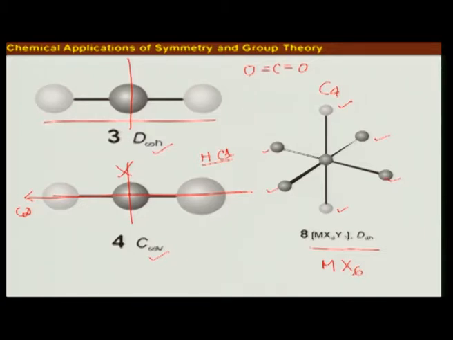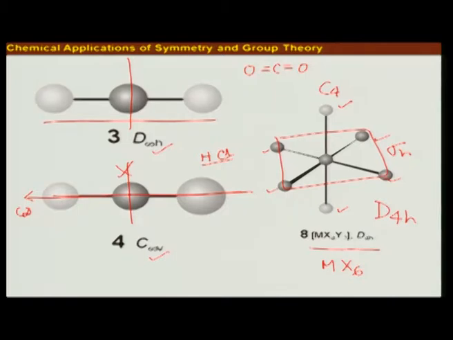So this is the only principal axis of symmetry, C4, and I can see there is a plane containing all these X's and the M. This MX4 plane constitutes a sigma H. So this is my sigma H. So that's all I want, I have got my point group. You have a principal axis of symmetry C4, and a plane perpendicular to it, which is sigma H. So very easily I can tell the molecular point group is D4h.